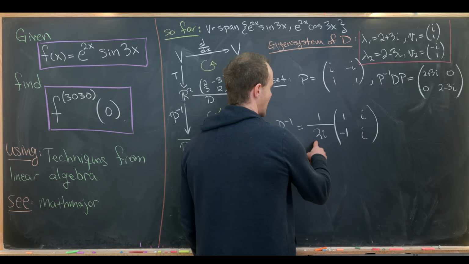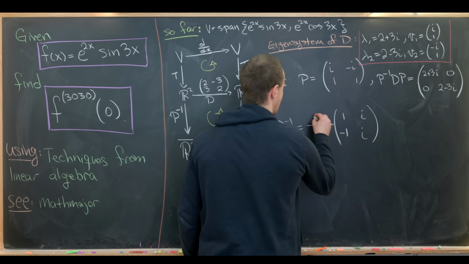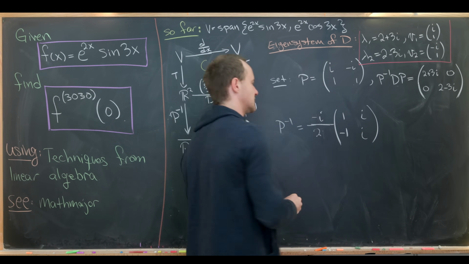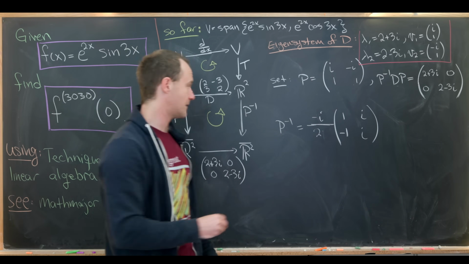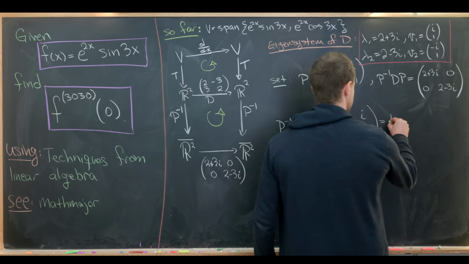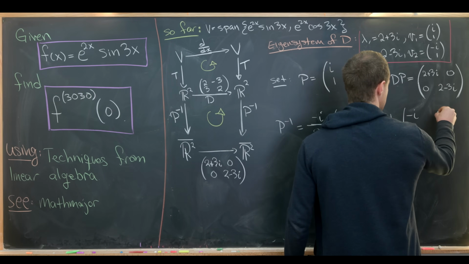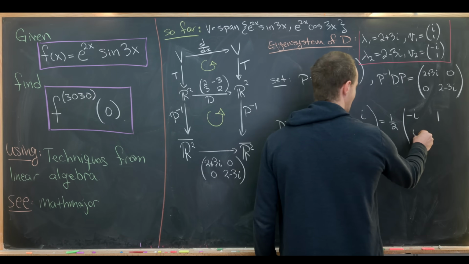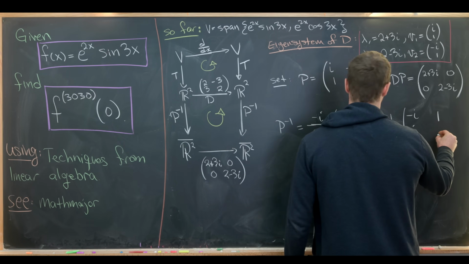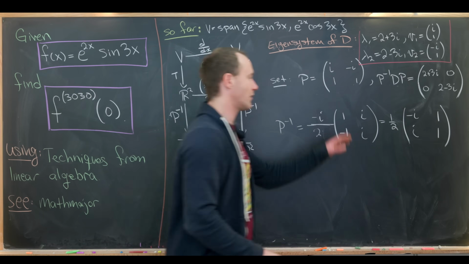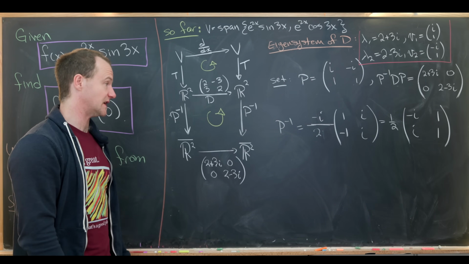Then maybe we could write this instead of 1 over 2i as negative i over 2. That's sort of a standard way to do that. And then we can rewrite this as 1/2 times the matrix with a minus i here, a 1 here, an i down here, and another 1 right here. Okay, so that's our inverse of P matrix.